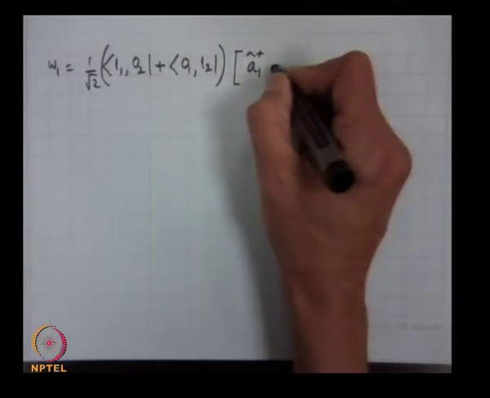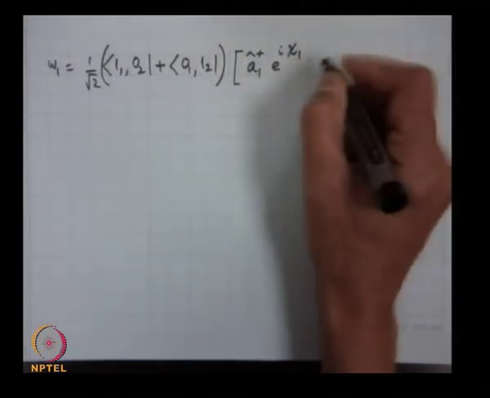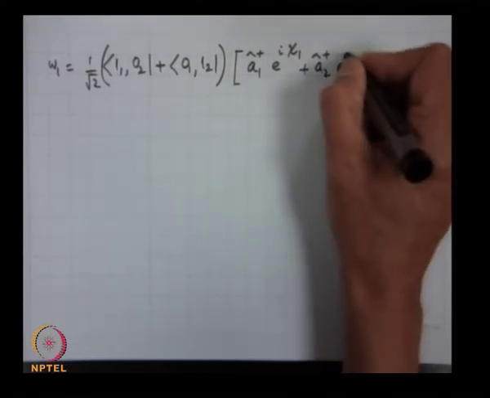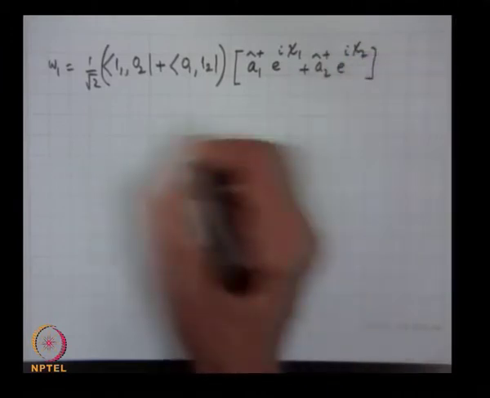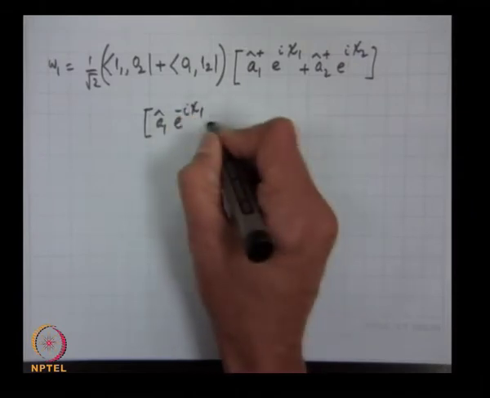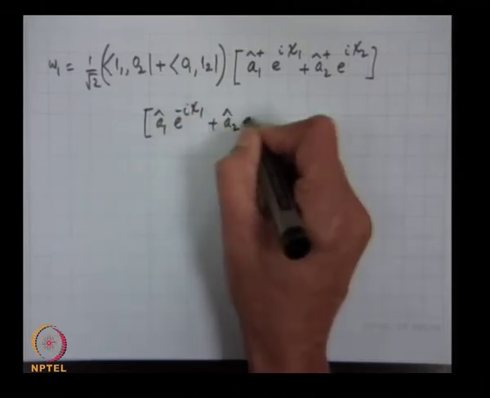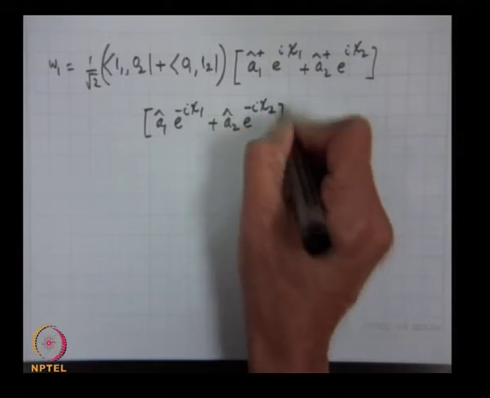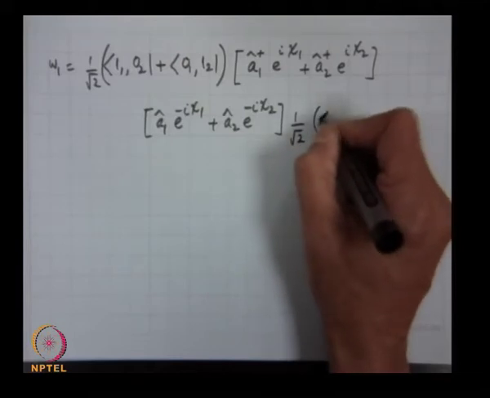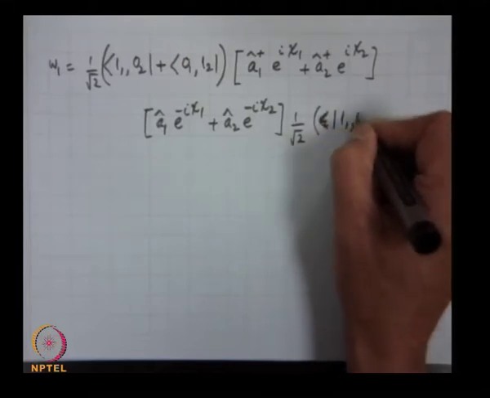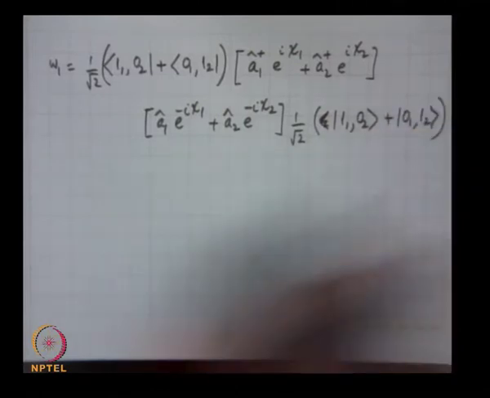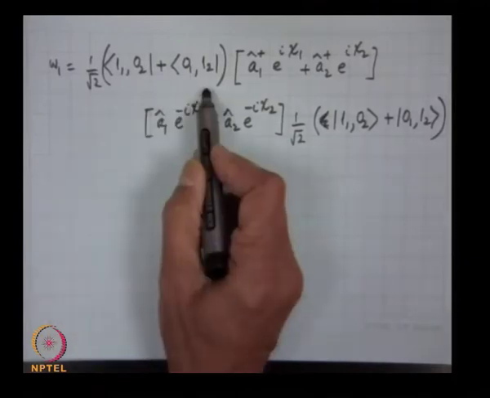A1 dagger exponential I chi1 plus A2 dagger exponential I chi2, into A1 exponential minus I chi1 plus A2 exponential minus I chi2, into 1 by square root of 2, 1102 plus 0112. This is bra psi.